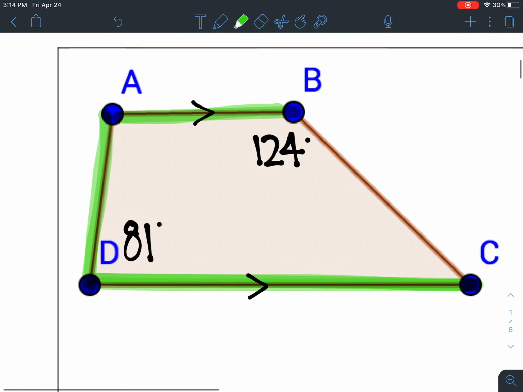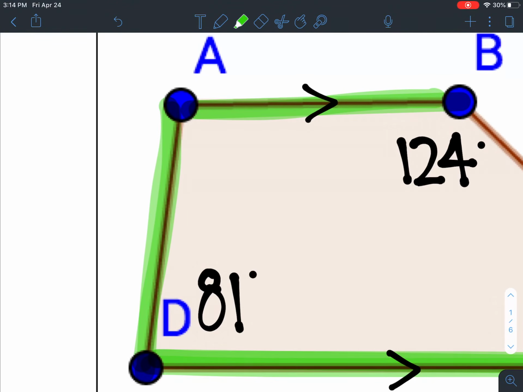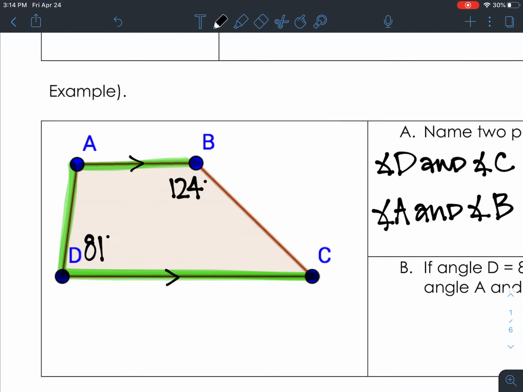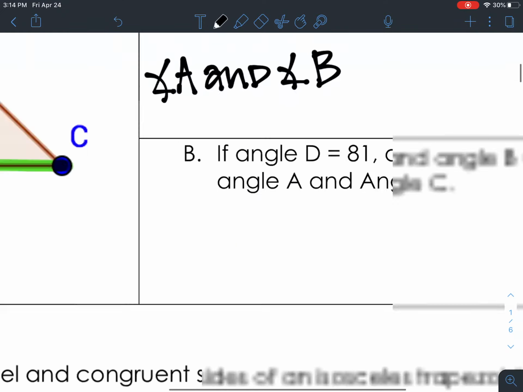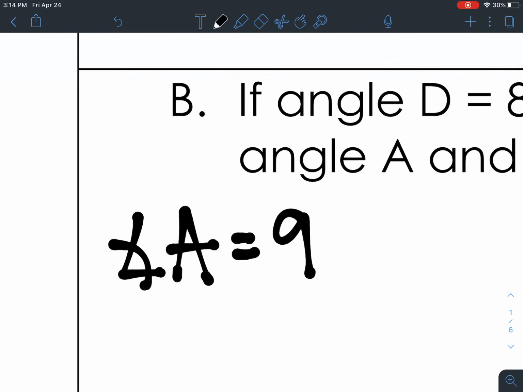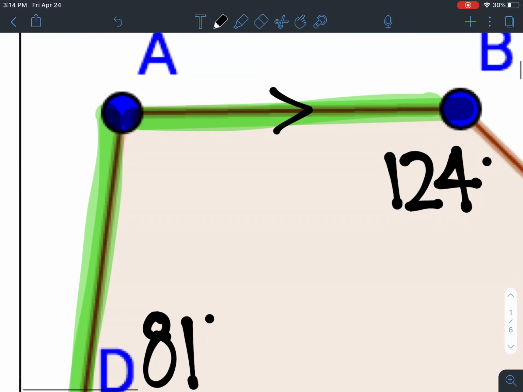Well, what type of angles are A and D? A and D are same side interior angles, and what do we know about same side interior angles? If the lines are parallel, we know that they are supplementary. So to find angle A, we're going to subtract 81 from 180, which means that angle A is 99 degrees. Same idea with C.